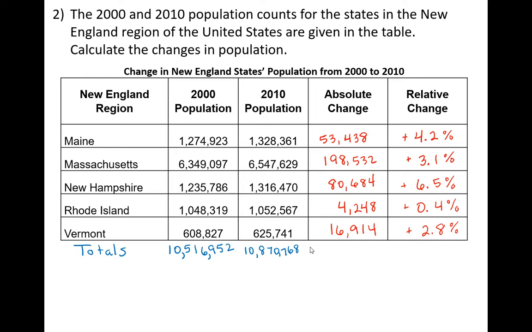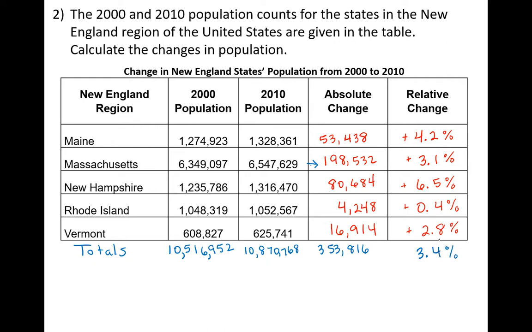So let's see what that absolute change is. If I do that number minus the 10,516,952, altogether, we had an increase in population of 353,816 people. Most of that in Massachusetts, because Massachusetts is by far the biggest state. And that gives me a relative change of 3.4%.